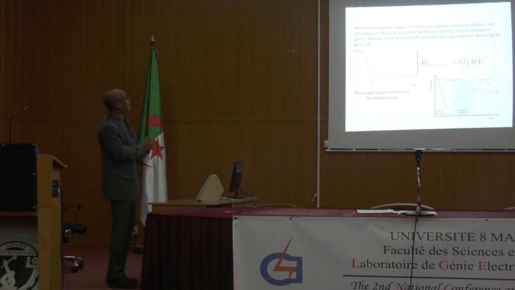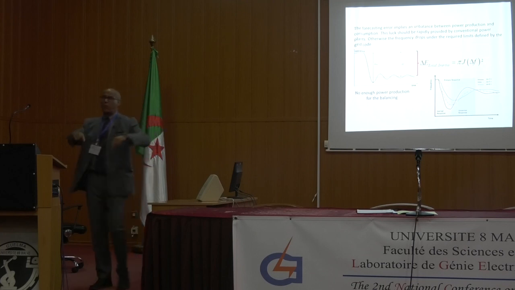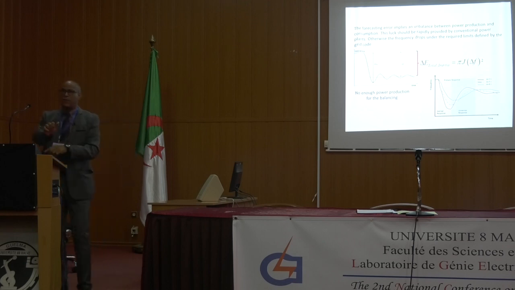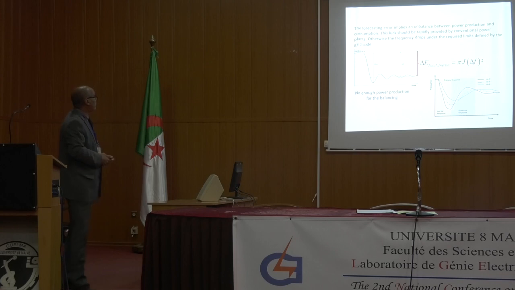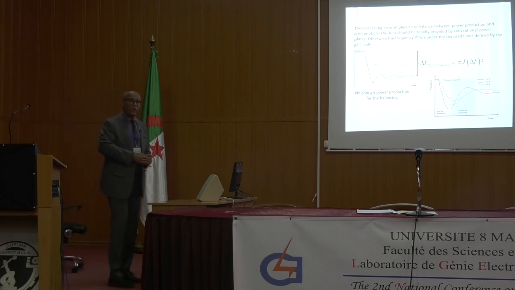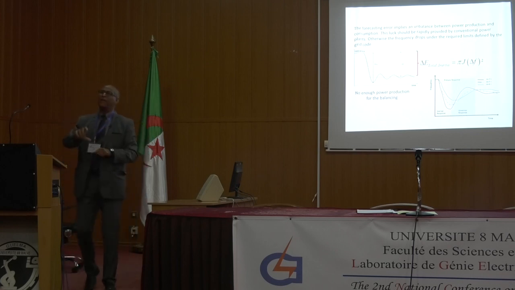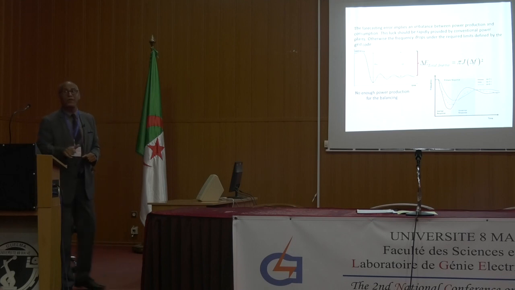This lack should be rapidly provided by conventional power plants, because they can adjust the power, whereas we can't control wind. We can't say to have a high wind velocity or a high irradiation. So just the conventional ones can control.